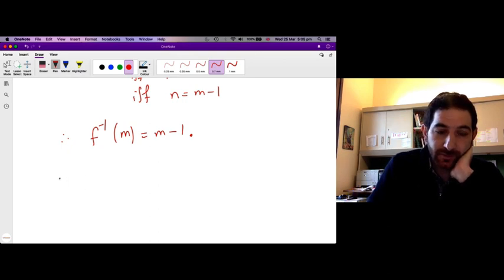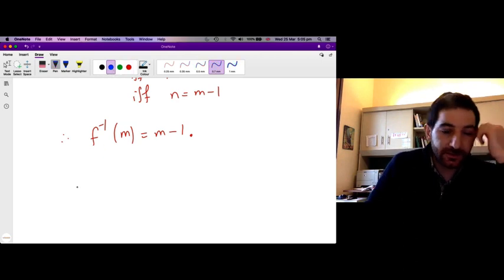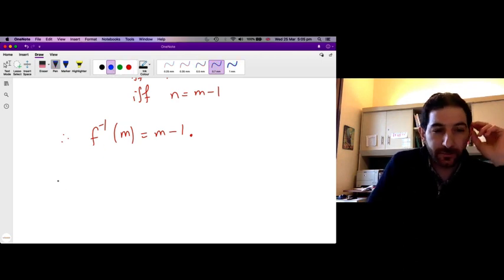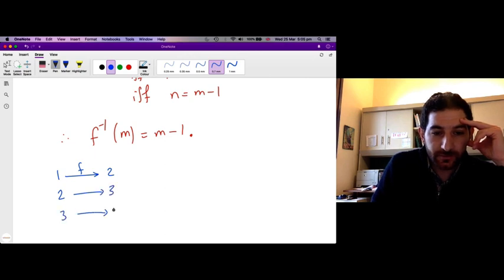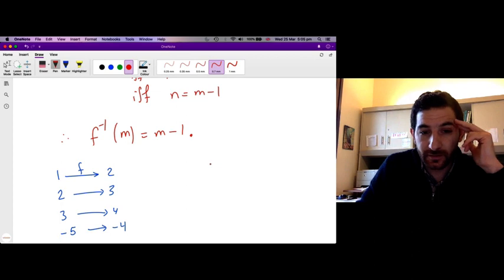Okay, so maybe I can say, let's take part of f, for example. If f sends 1 to 2, sends 2 to 3, sends 3 to 4, sends -5 to -5 plus 1, which is -4, and so on. Now, what's the role of f inverse?